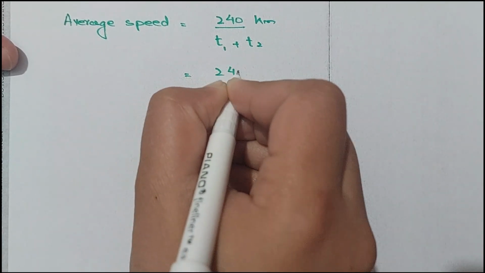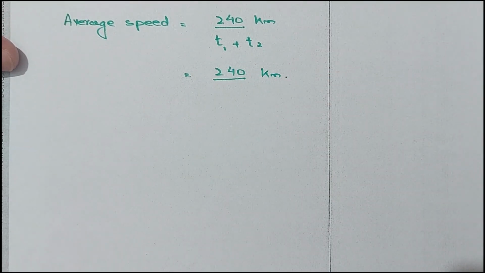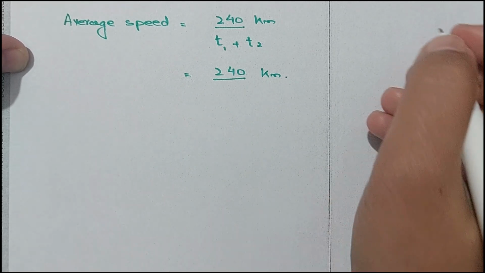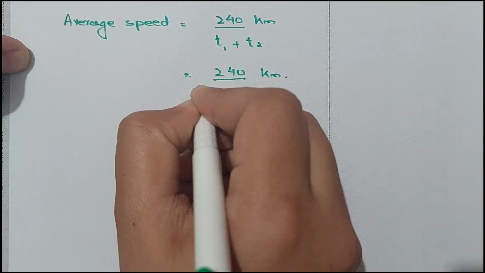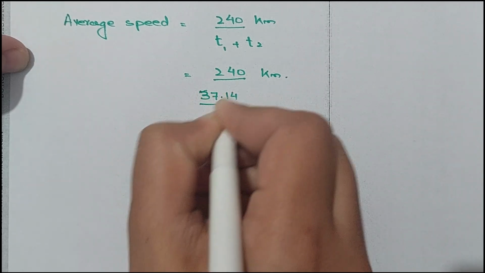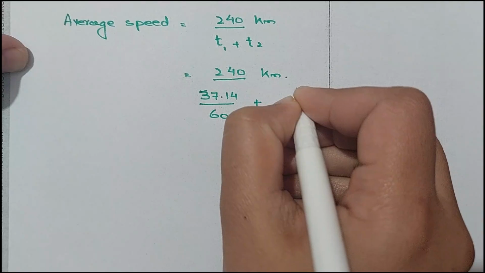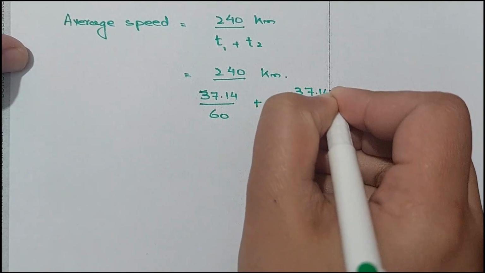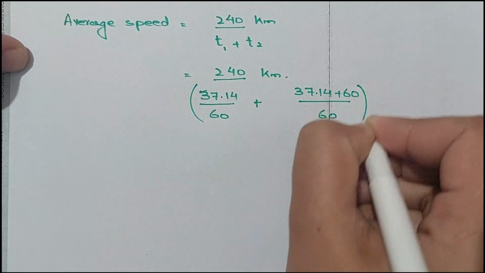Both times should be in hours to find the average speed in kilometers per hour. Time 1 is t minutes, so we divide 37.14 by 60 to make it hours, plus the second time, 37.14 plus 60 minutes, divided by 60 to convert to hours.